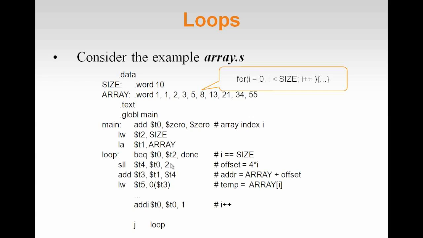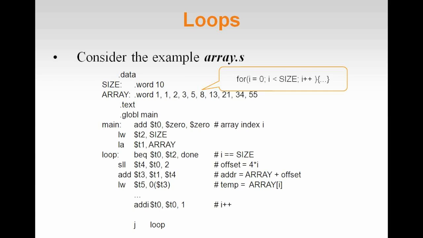So what this instruction does is basically it shifts the index that is stored in T0 by 2 bits to the left, and that is equivalent to multiplying it by 4.